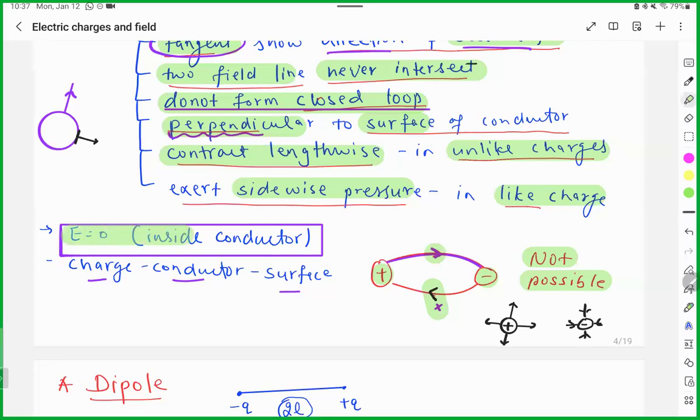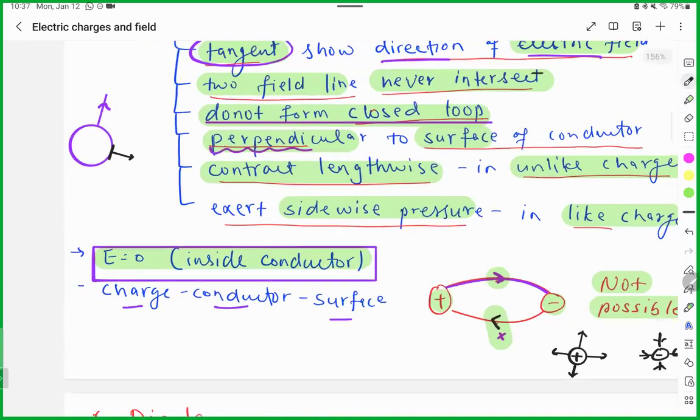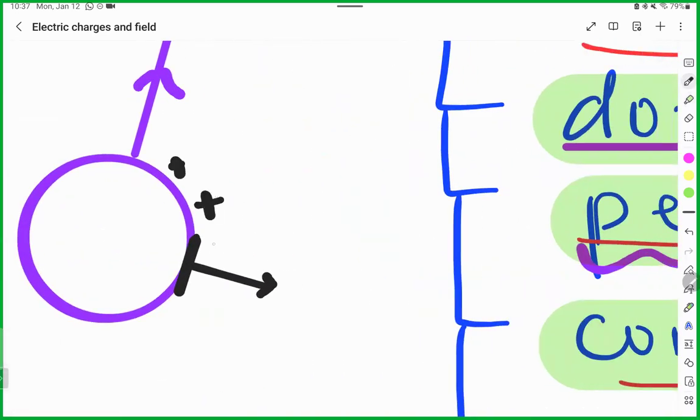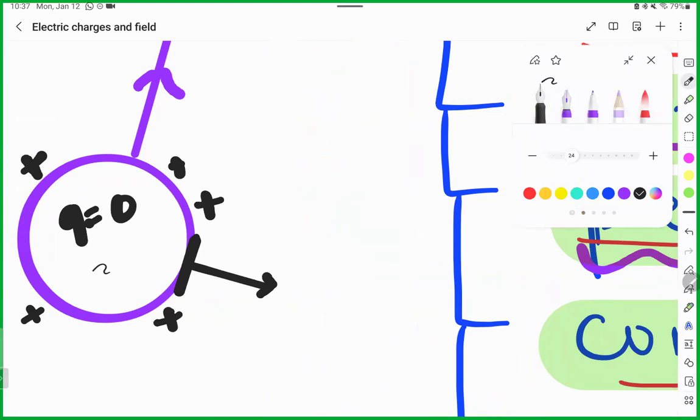Electric field inside the conductor is zero because there is no charge. Example, if you take this surface and you have charge on the surface, what is the charge inside the conductor? Zero. Then what will be the electric field inside the conductor? It will be zero.